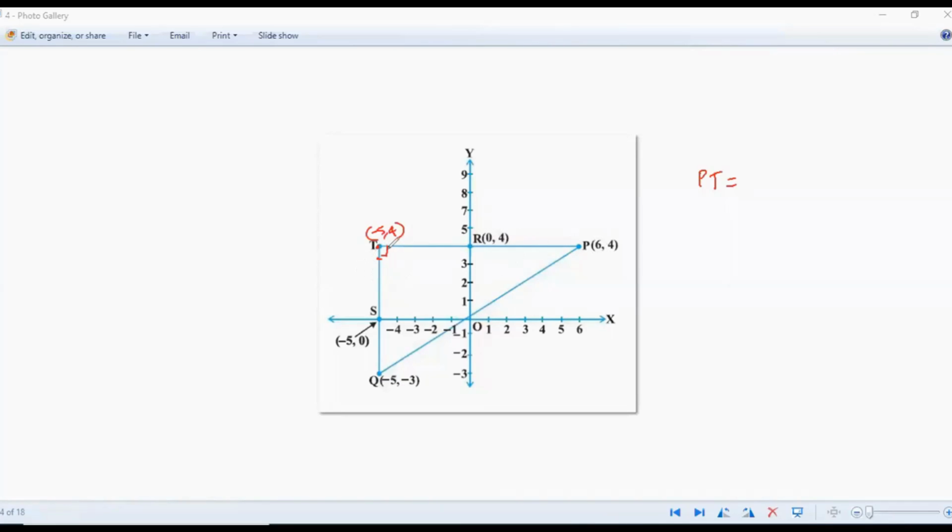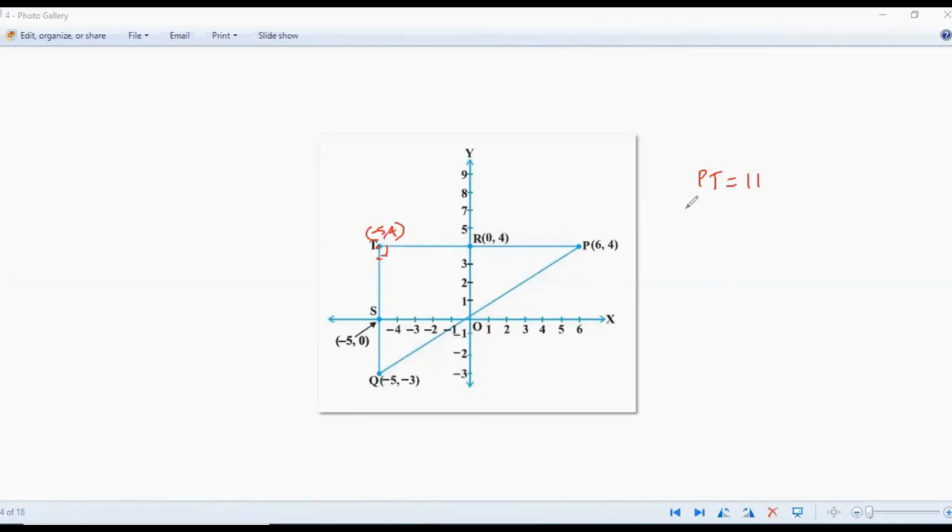So what will be the total distance from P? 11. Yes, T is 5 units left side from y-axis and P is 6 units away from y-axis, so the total distance from T to P will be 5 plus 6, 11.